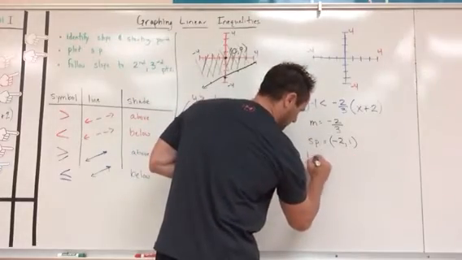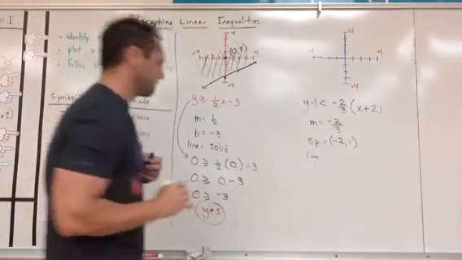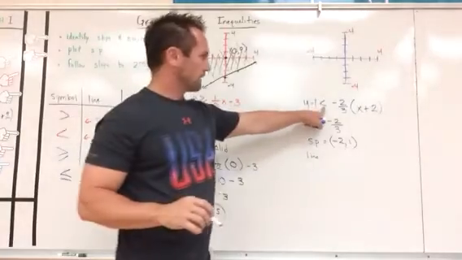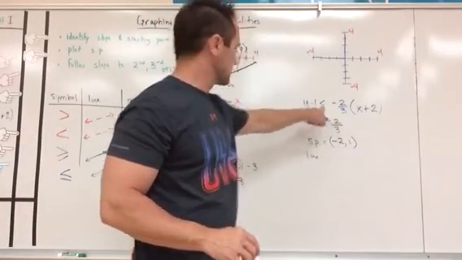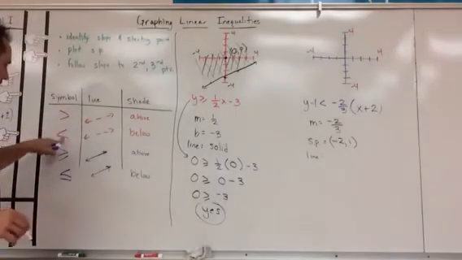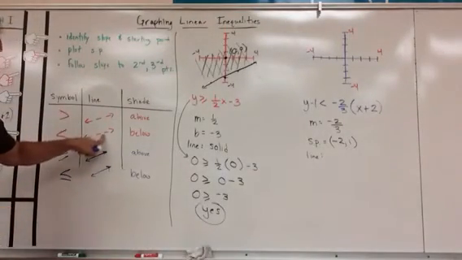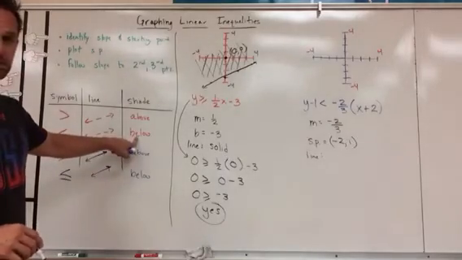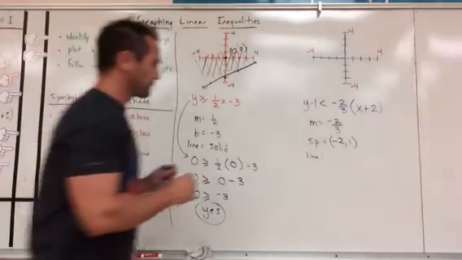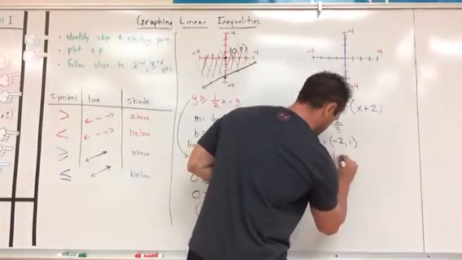And let's talk about the line. What kind of a line are we going to have? We have to look at this sign that says less than. Go back to our chart. The less than sign says that it is going to be a dashed line, and it actually says we're going to shade below. So let's see if these work out. So dashed.